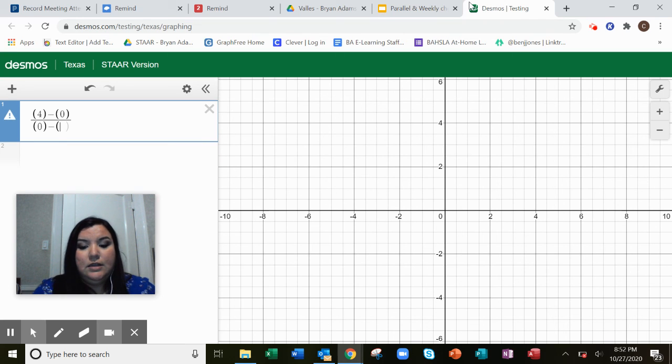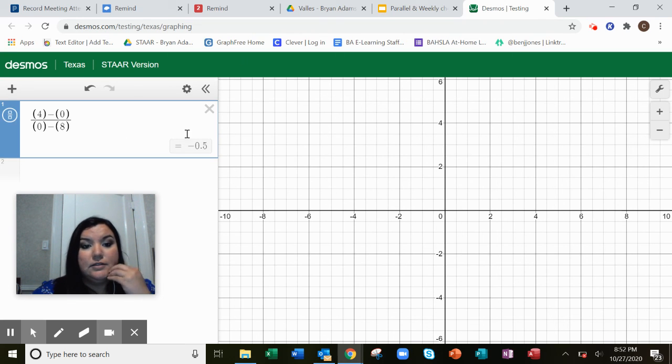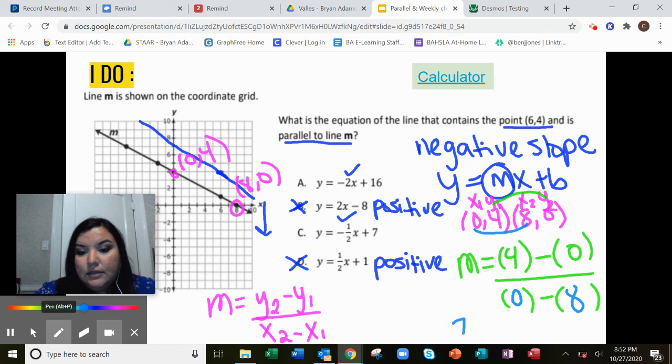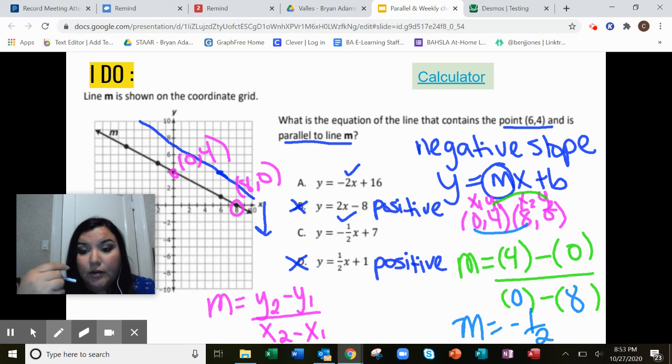And then we see that it is negative 0.5. Again, if we press this fraction button, we get negative half. So m is equal to negative half. Therefore, that means that my parallel slope also needs to be negative half. And I see the negative half right here in C.